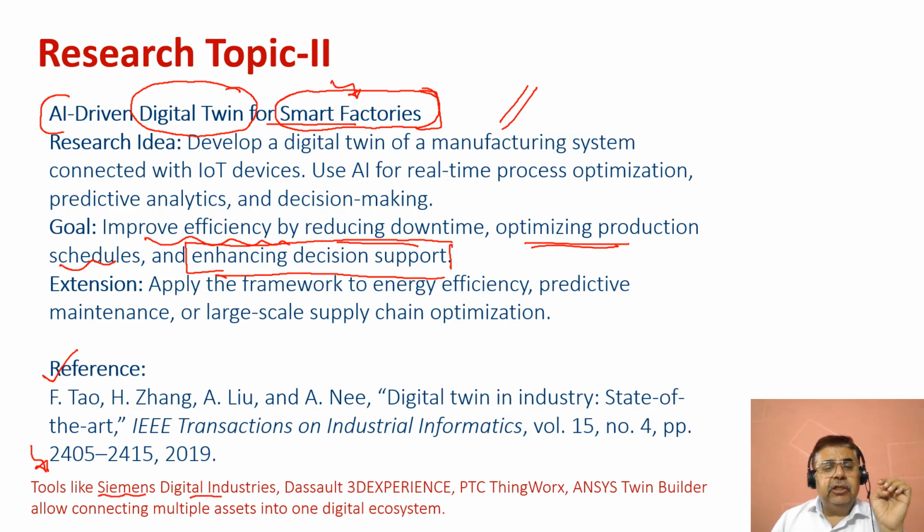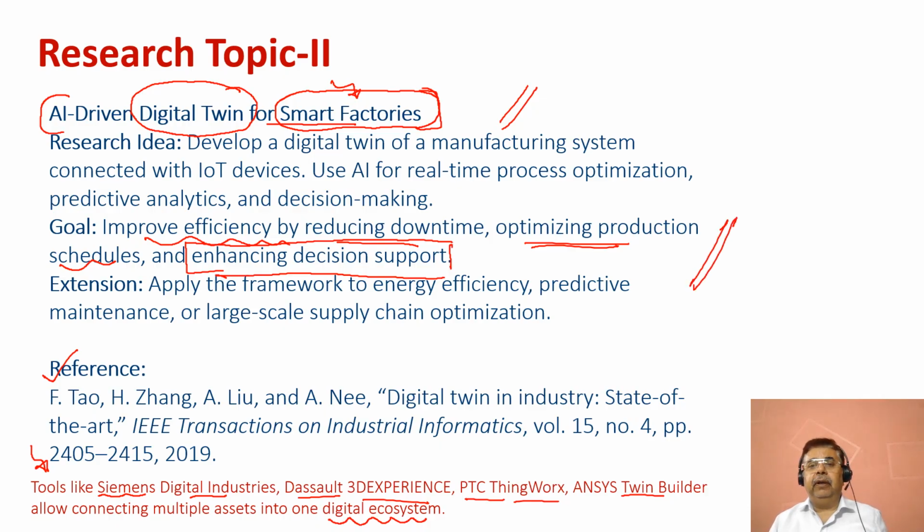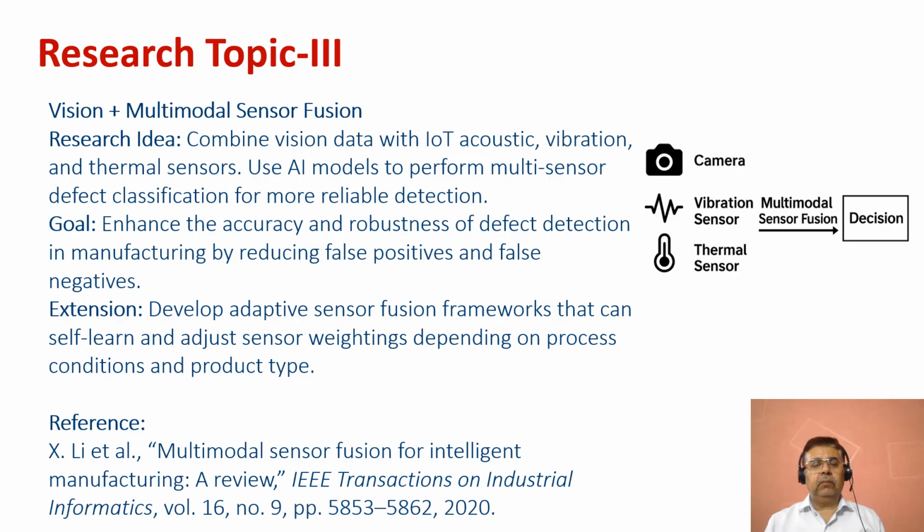Siemens Digital Industry, Dassault's 3D Experience, and PTC's ThingWorx, Ansys Twin Builder are some of the products that are supporting this. They allow connecting multiple assets into one digital ecosystem. So there is plenty of scope in research in this domain also.